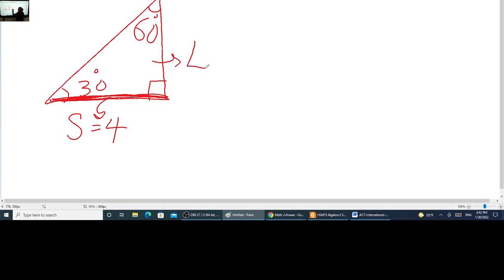Find the longer leg and the hypotenuse. Since this triangle is a 30, 60, 90 triangle, then the longer leg equals 4 times the square root of 3, and the hypotenuse is 2 times 4, which is 8.